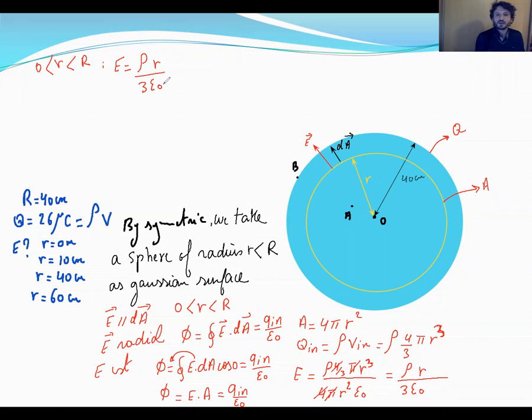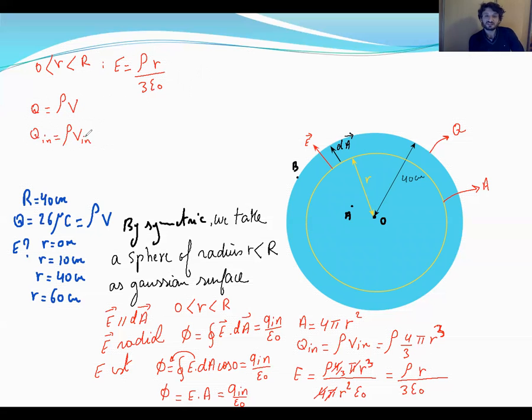Okay? Here we can write this equation like this, or we can substitute the value of rho in terms of Q. You know that in general, Q equals rho times V, and also Qn equals rho times Vn.